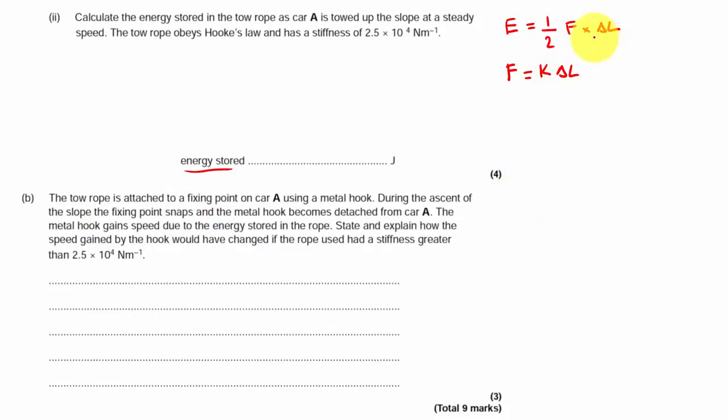And whilst we're at it, this formula usually isn't that useful on its own. You have to substitute Hooke's law into it in some form or other. So I could replace the F here with KL, and I'd end up with E equals a half KL squared.